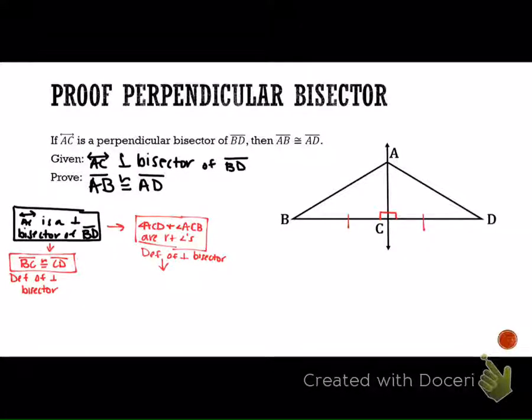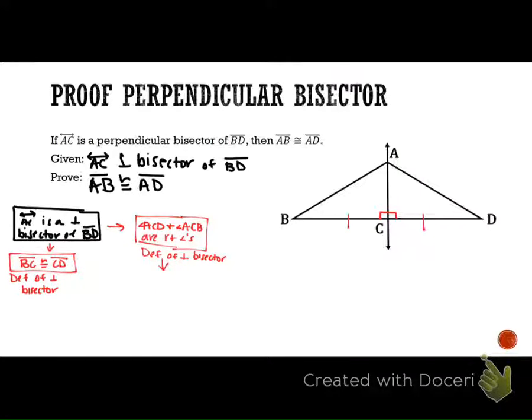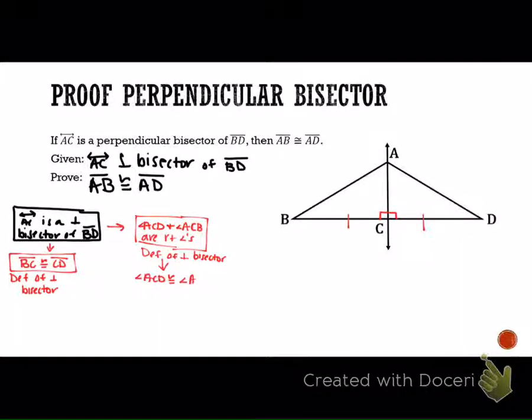And what do you know about all right angles? All right angles are 90 degrees, which makes them, if they're both 90 degrees, what word can we say? Congruent. So angle ACD is congruent to angle ACB because all right angles are congruent.